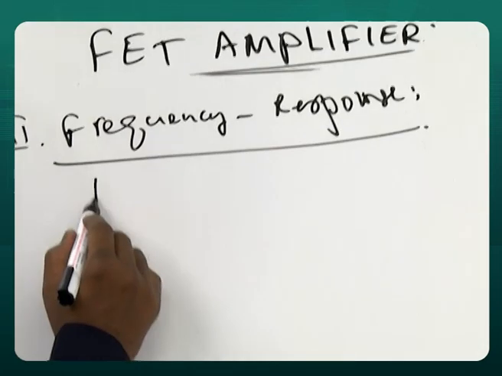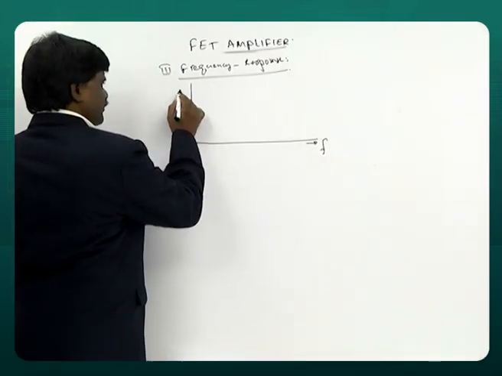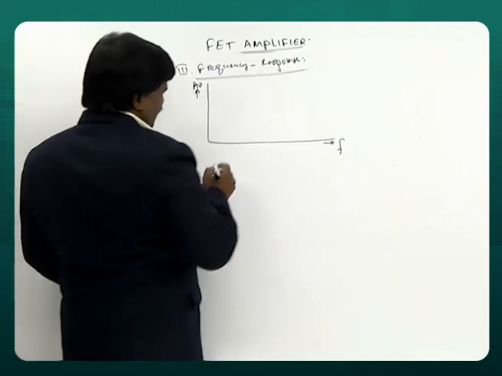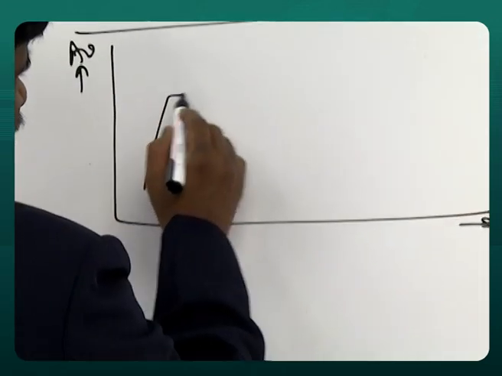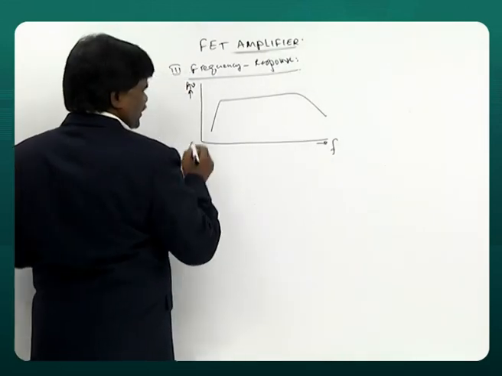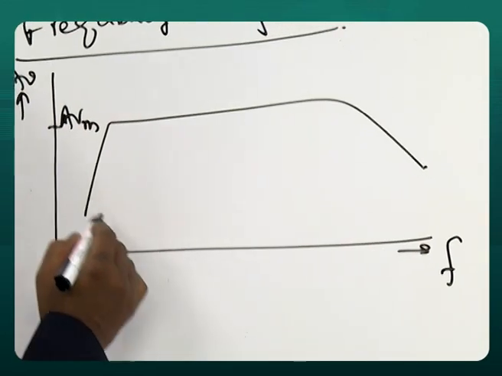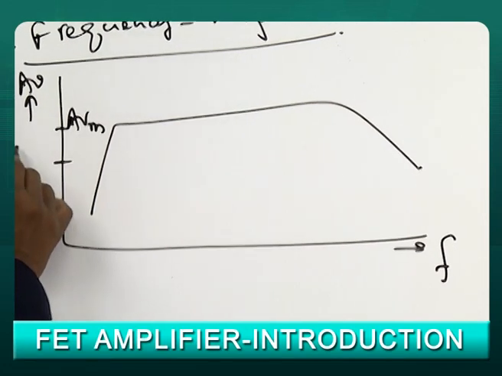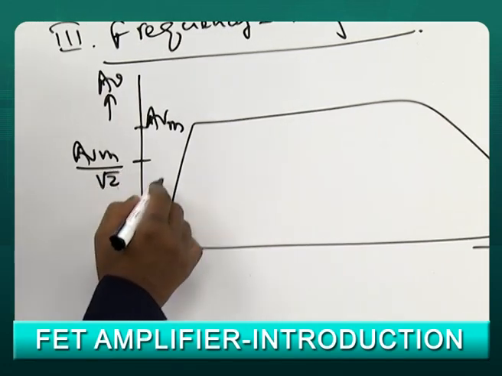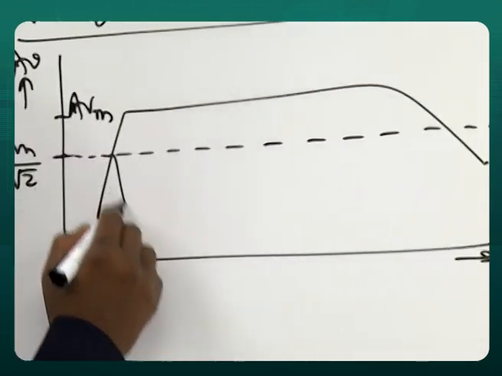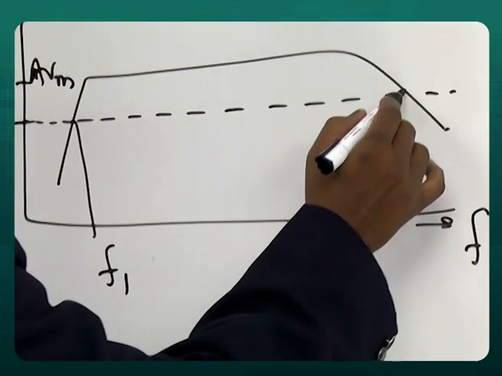That actually is like this. Frequency versus gain. And there is a response like this. This gain is called mid-frequency gain. And if you take mid-frequency gain by root 2, that is called F1, F2.